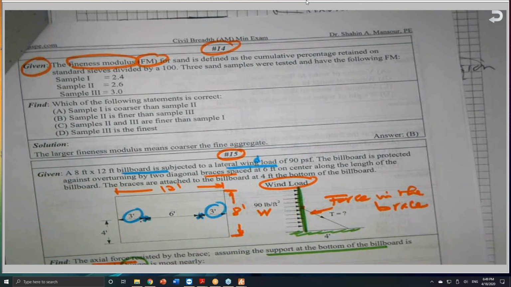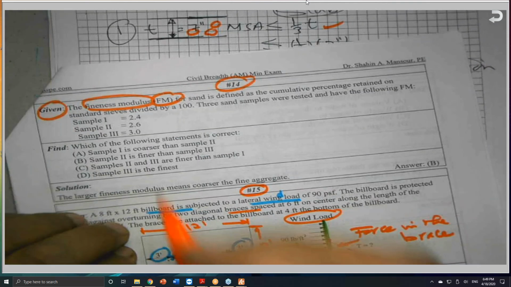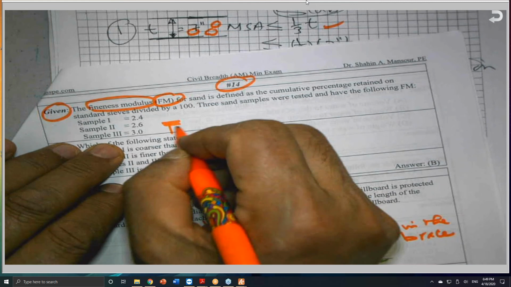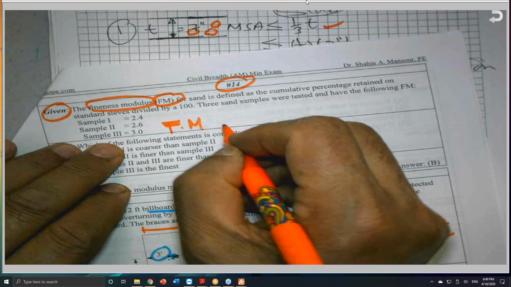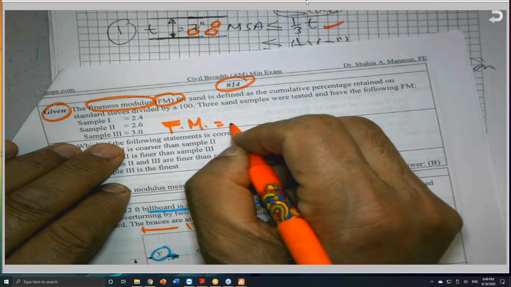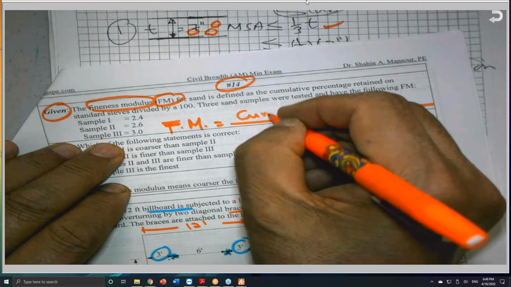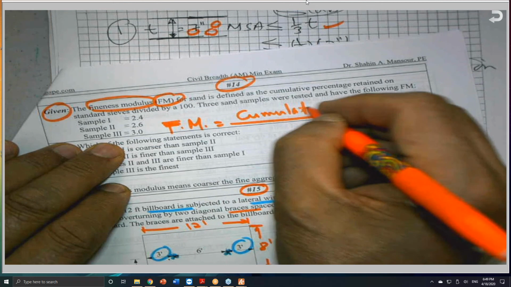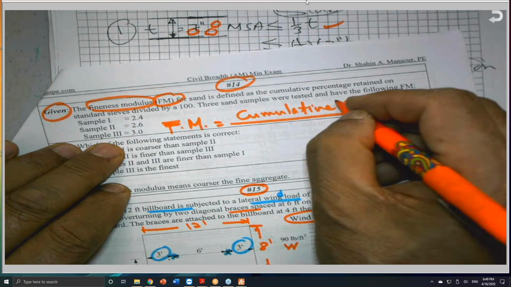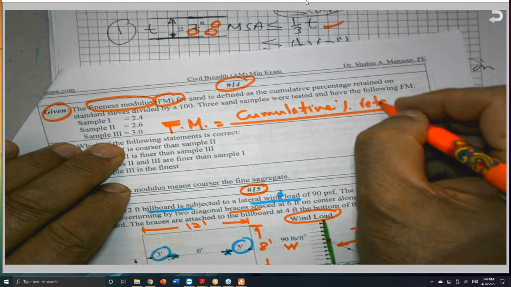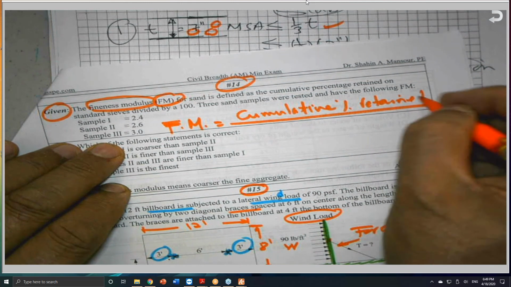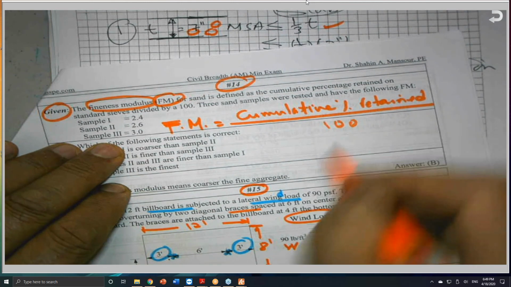In fact, the ASTM has a very fancy definition. The fineness modulus, the FM, is the cumulative percentage retained on standard sieves divided by 100.